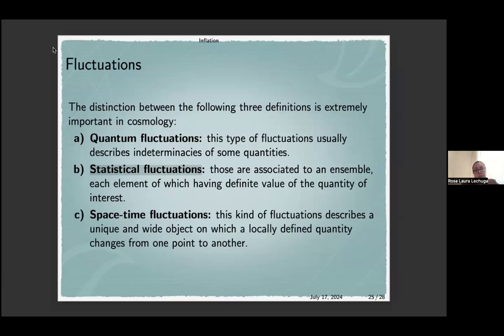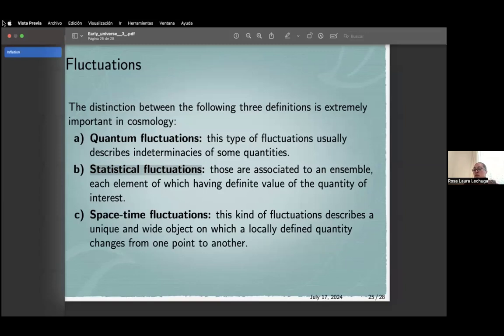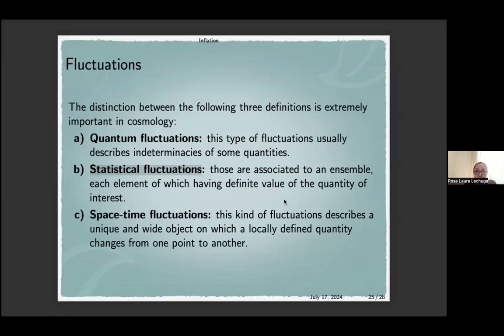So if you have a big collection of objects, you can think of that collection in terms of an ensemble, and the whole ensemble has a characteristic weight for each element with one factor, and in that case we talk about the statistical fluctuation.